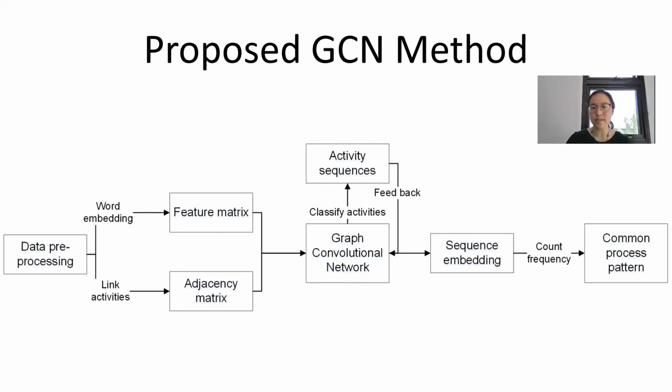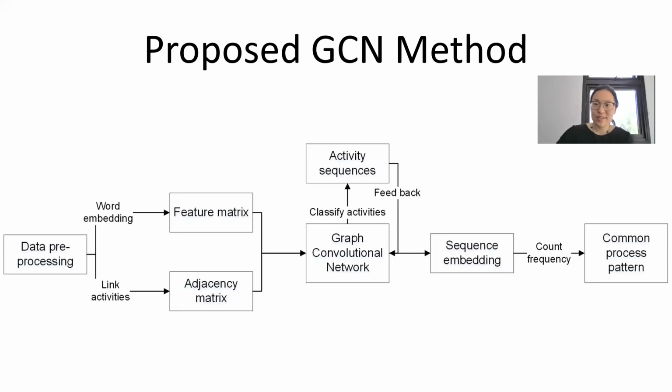After we get the two matrices, we form a graph convolution network that can classify different activities into labels, especially our predefined labels such as wall, slab, foundation, etc. And then we connect all those activities under the same label together into a sequence, and count the frequencies of these sequences to tell whether it is a frequently seen construction sequence.